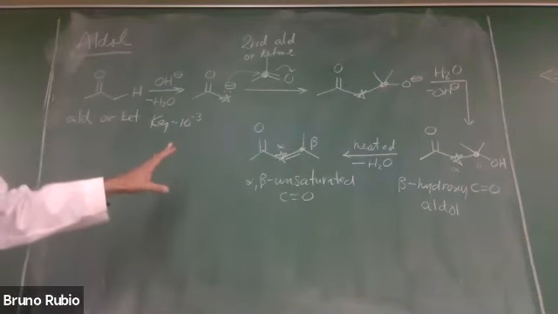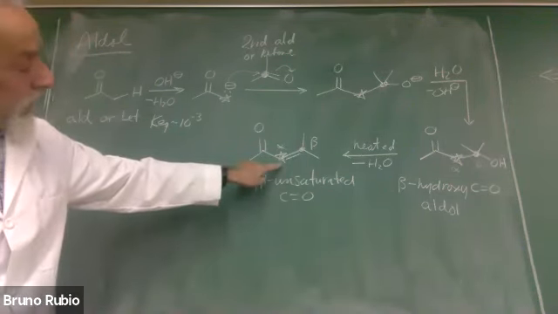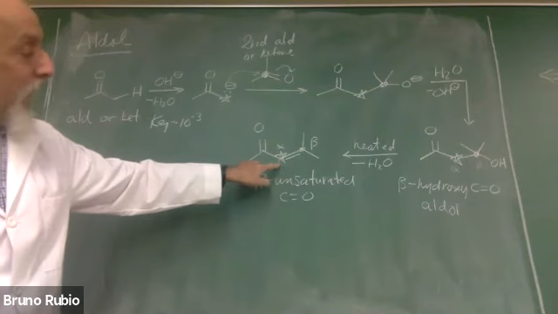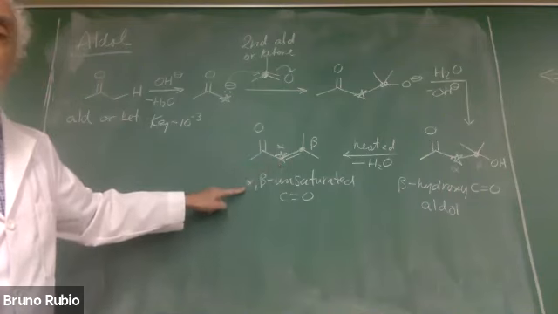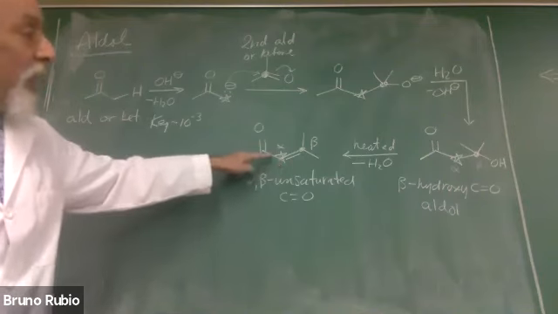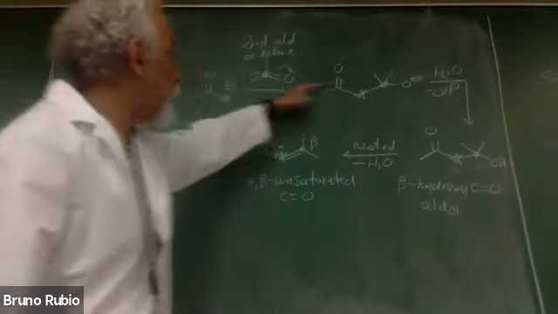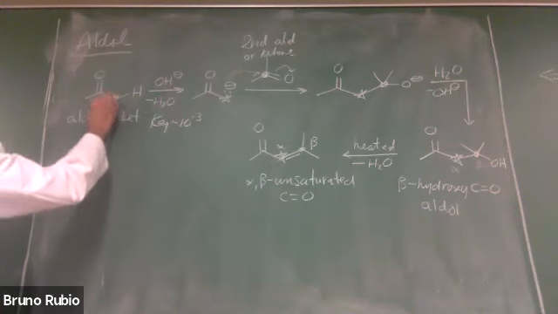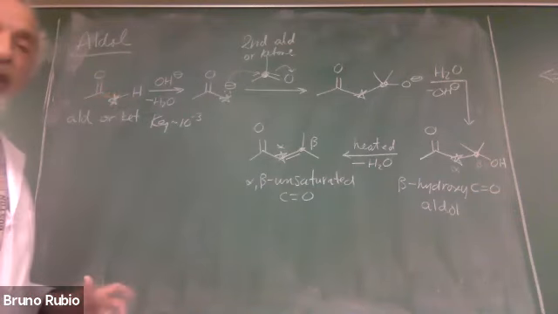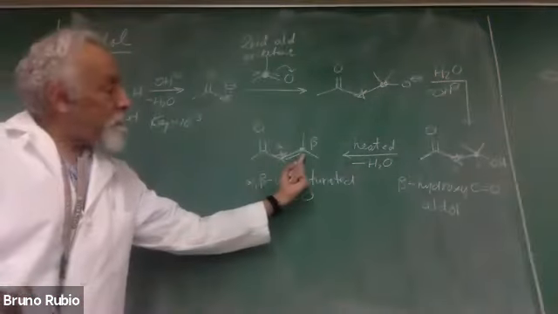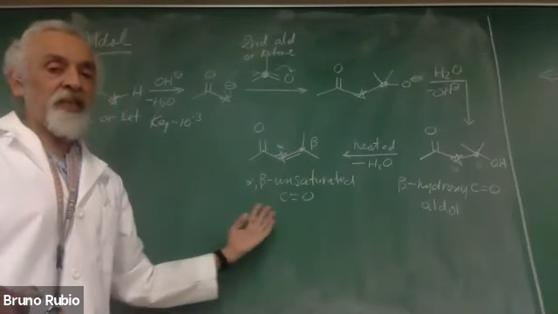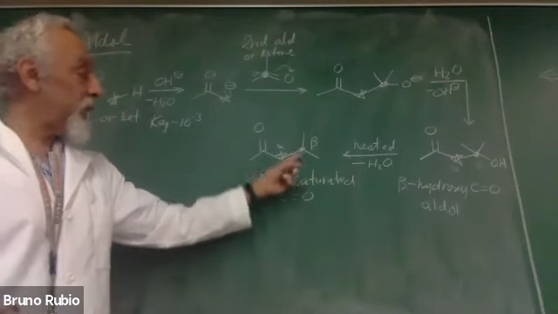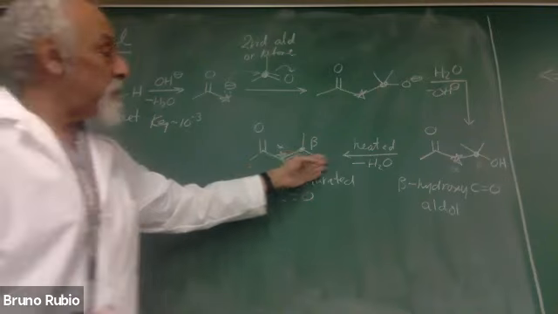Okay, so notice that the alpha carbon of the alpha, beta unsaturated carbonyl, trace it back, trace it back. That used to be the alpha carbon of the starting aldehyde or ketone. And the beta carbon of the alpha, beta unsaturated carbonyl, the dot, trace him back, trace him back.